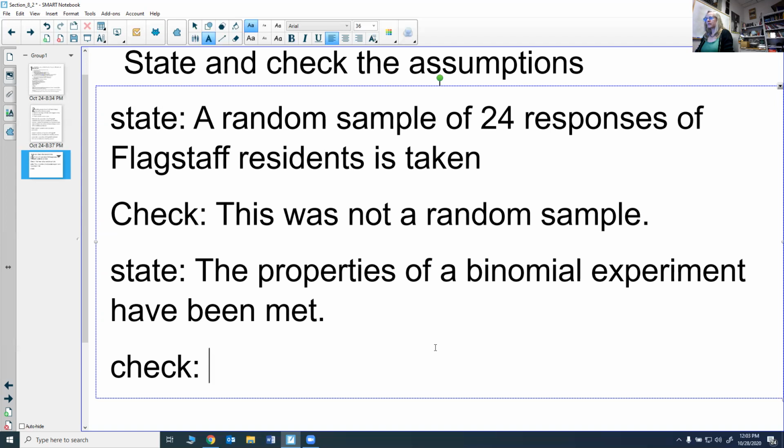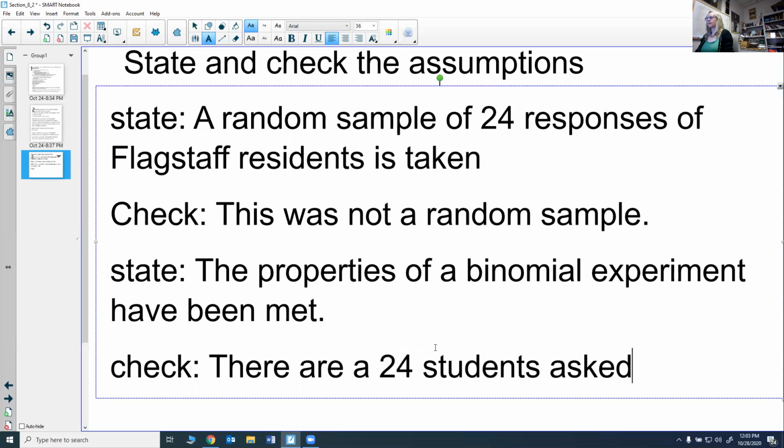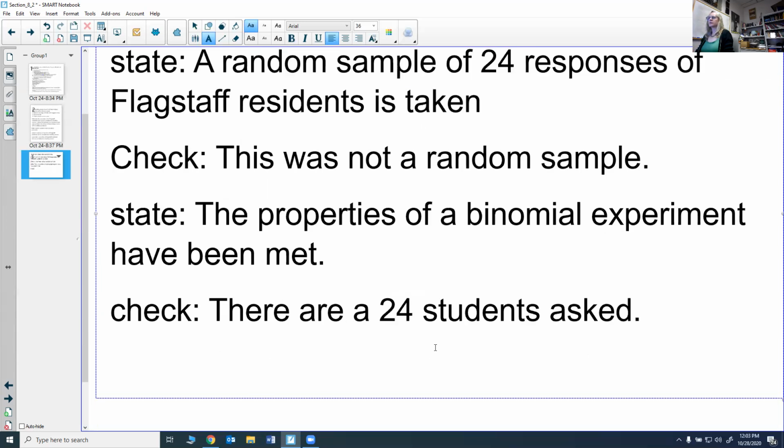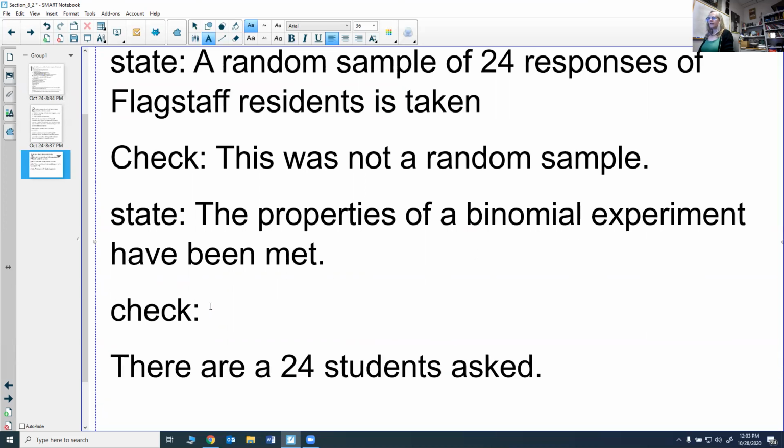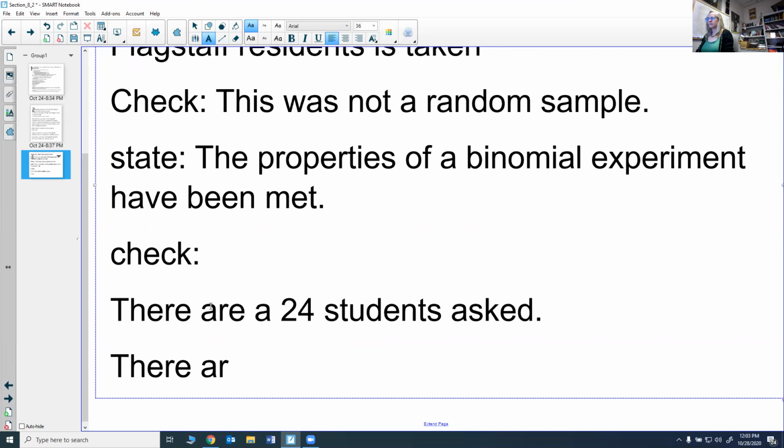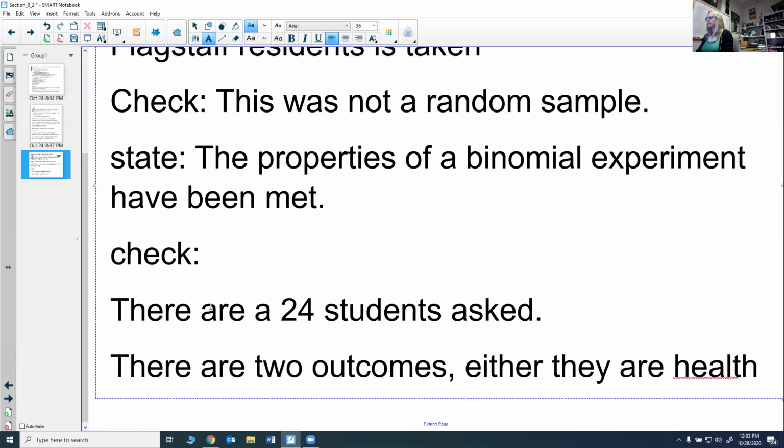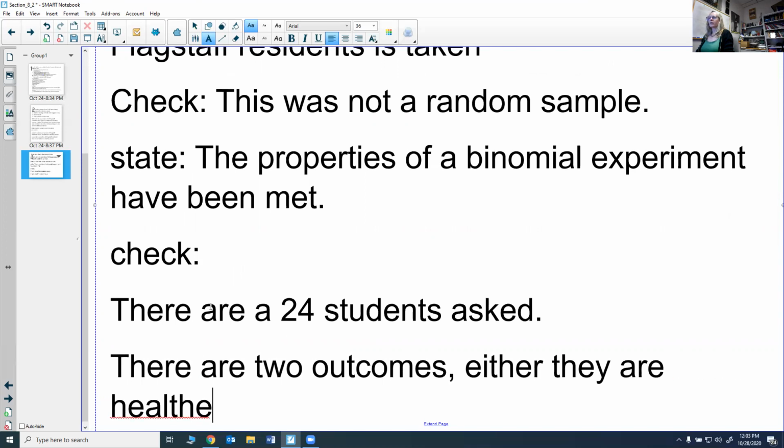We have a fixed number of trials, and there are 24 students asked. So that was my fixed number of trials. The next one is that there are only 2 outcomes. Either they are healthy or they are not.